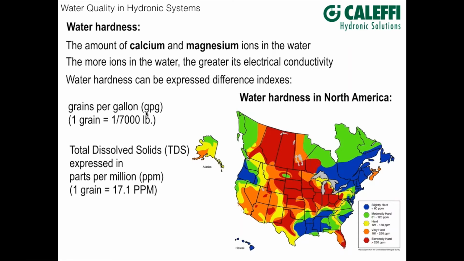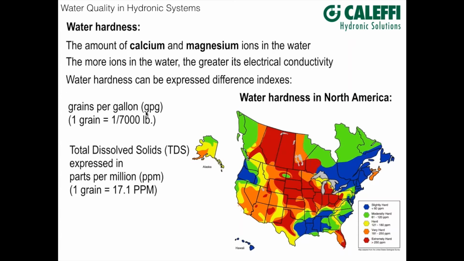And here's a map of North America, and this is kind of a macroscopic view, but you can see that the Midwest in particular, and up there in central Canada, tends to have a high concentration of hard water. The southwestern U.S. is also an area with notable hard water. New England area, based on this map, doesn't look to be as bad, but again, I want to make sure you understand there can be pockets of hard water even in an area that shows blue on this map.